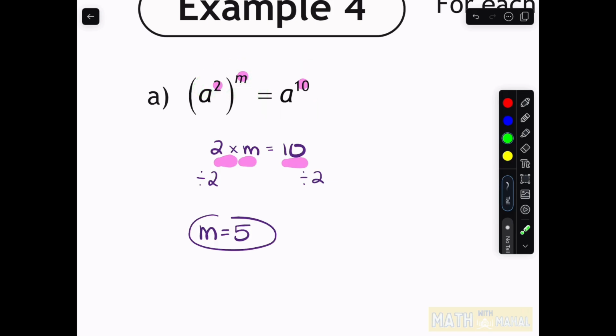So in this case, we're using the law of distribution, or we're going to rainbow it in. So now I'm just going to ignore my bases and focus on those exponents. This is the equation of what happens when just the exponents are being pulled out: 2 times m equals 10. And now I'm just going to solve for m, and that's going to get me our final answer.